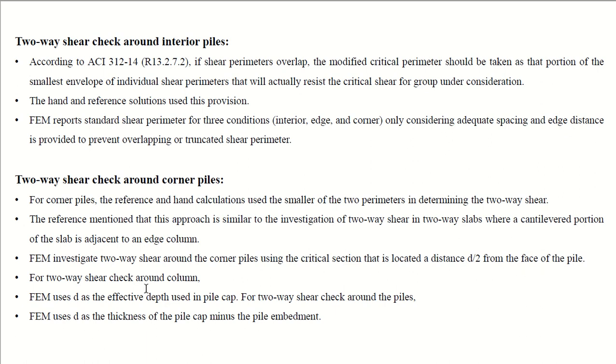For the two-way shear check around the column, FEM uses d as the effective depth used in the pile cap. For the two-way shear check around the piles, FEM uses d as the thickness of the pile cap minus the pile embedment. So it takes a different value for the column shear check, and a different one around the piles.